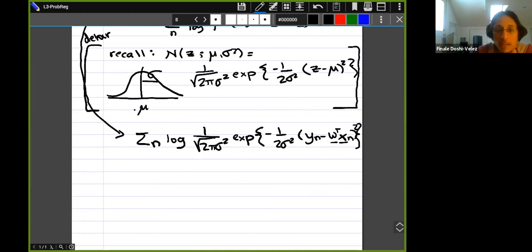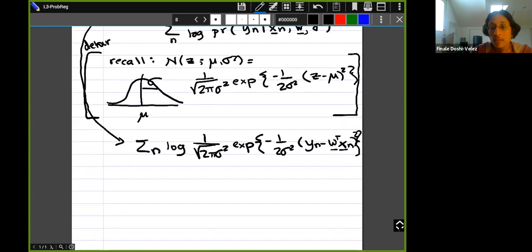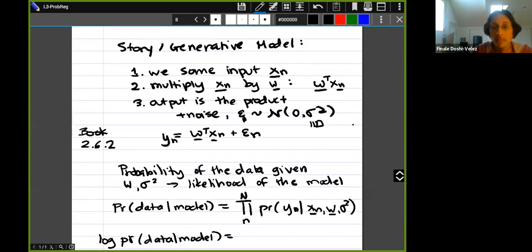In our case, the mean of y that we believe, according to our generative model, according to our story, is going to be w transpose x_n. That's our story up here. This is the mean because the noise that we're adding, the epsilon, has 0 mean.